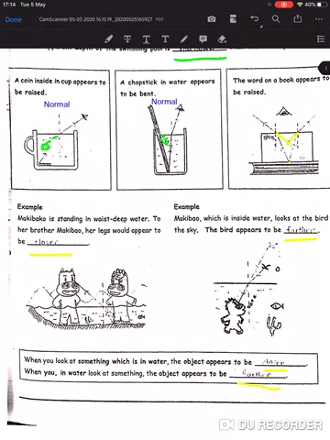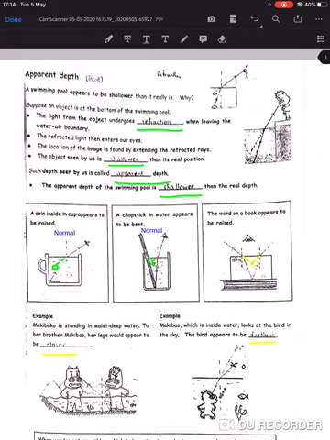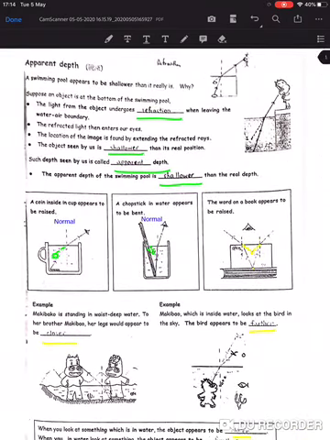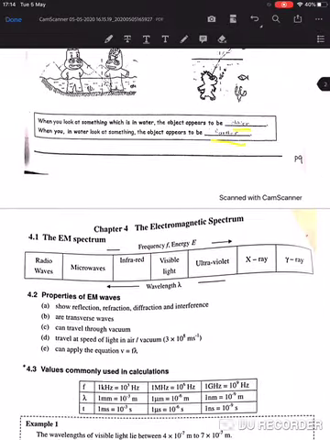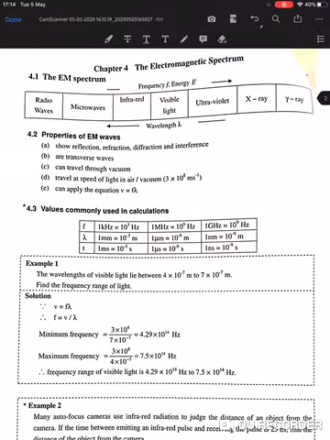Now, this is only the first topic on the apparent depth, but in the second part, we have the EM wave, EM spectrum. The reason for that is because we are talking about light. Light is actually a form of wave, electromagnetic wave.